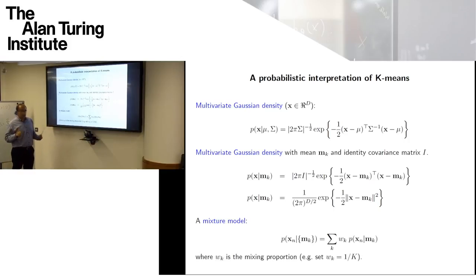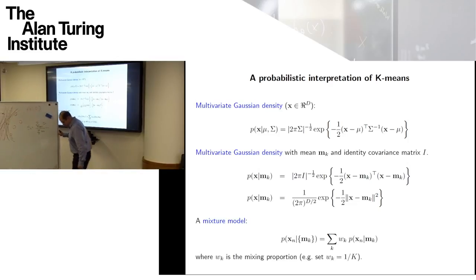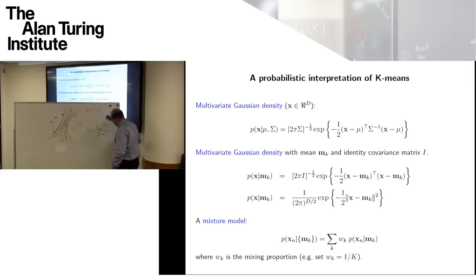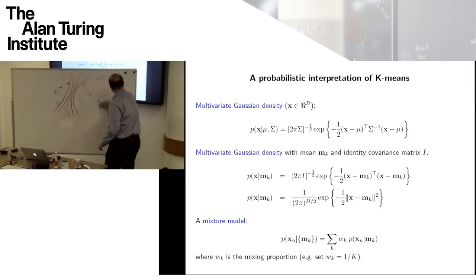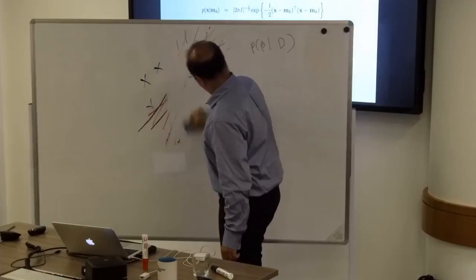Well, let's take a Gaussian, and what we're going to do is not just think of a single Gaussian, but think of k Gaussians. K Gaussian bumps, where essentially I'm going to model the distribution over data as a weighted mixture of k Gaussians with different means. All right? It's a mixture model, a weighted mixture.